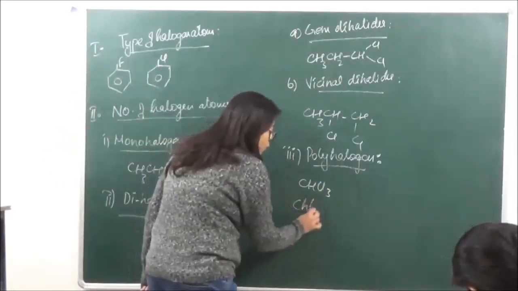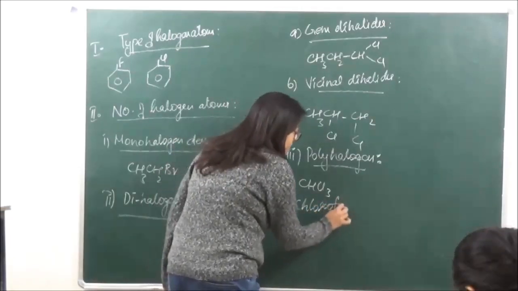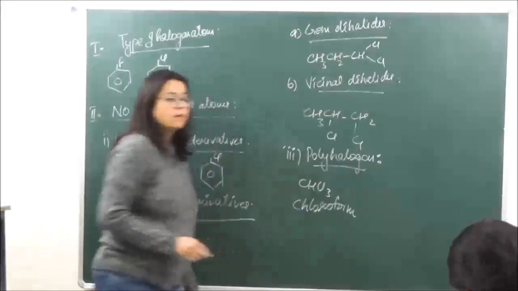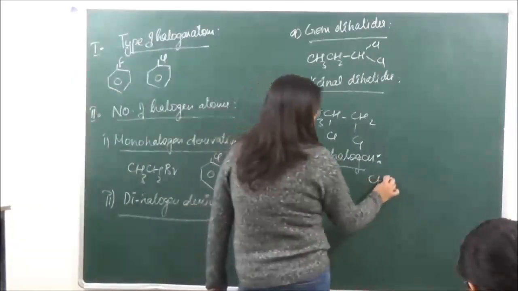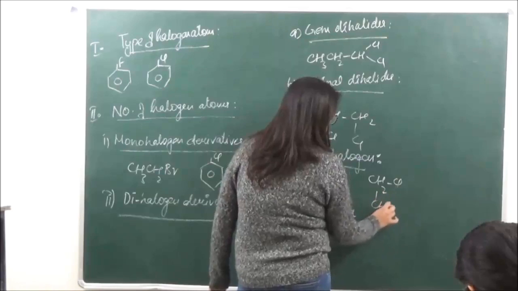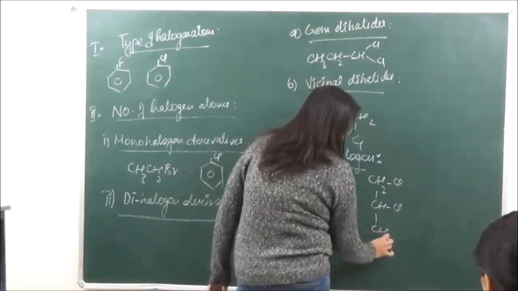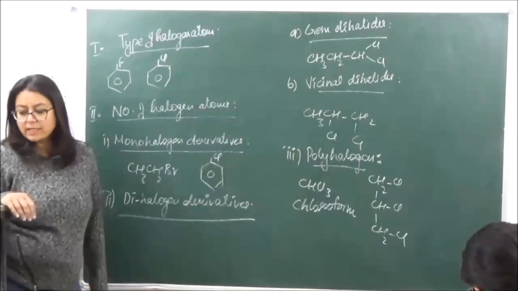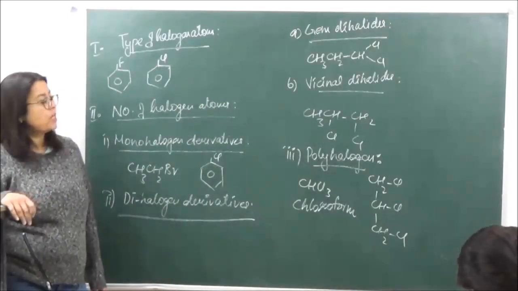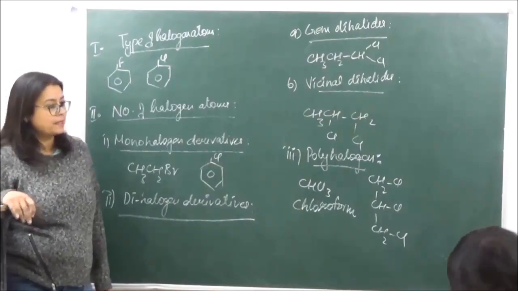This is more commonly known as chloroform. ठीक है, और it may be CH2Cl, CHCl and CH2Cl. This is going to be 1,2,3-trichloropropane, right?